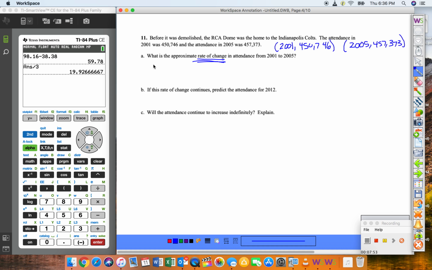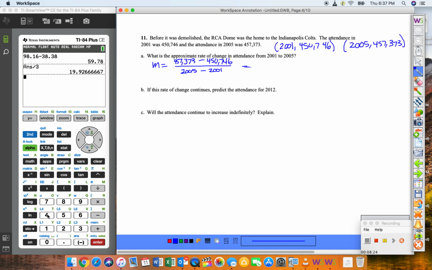And let's find the slope. The slope will be 457,373 minus 450,746 over 2005 minus 2001.